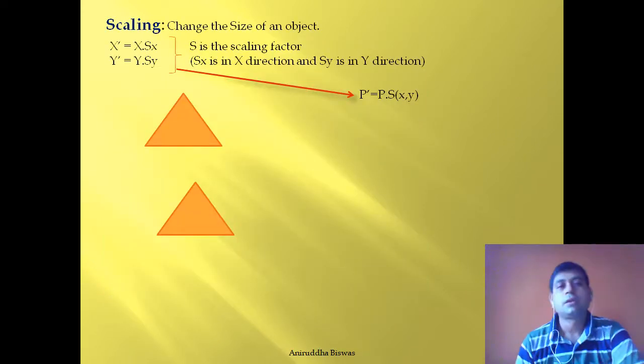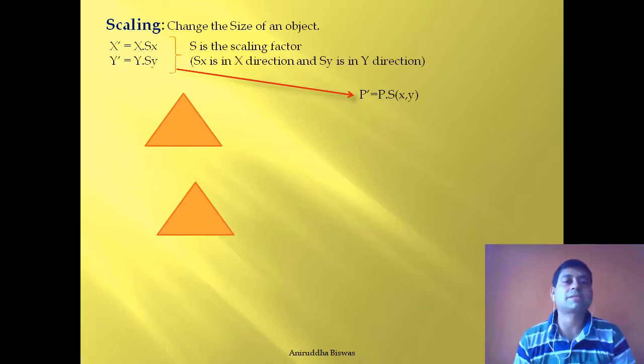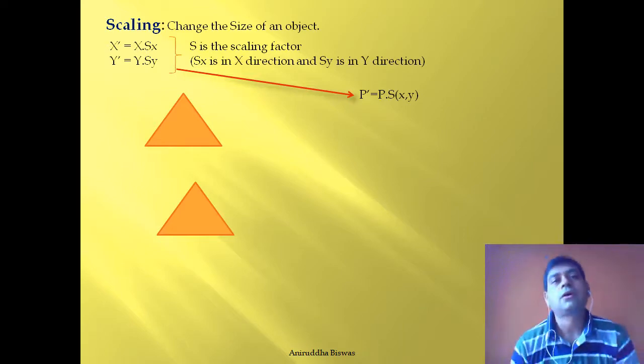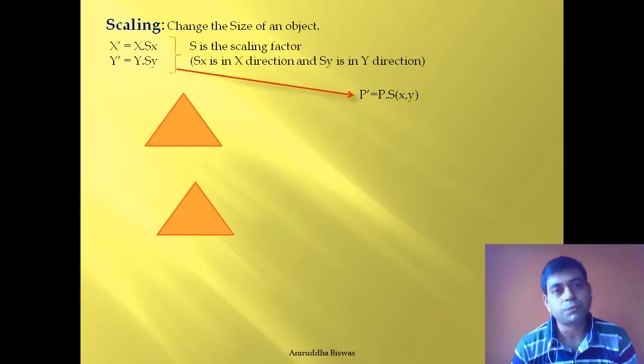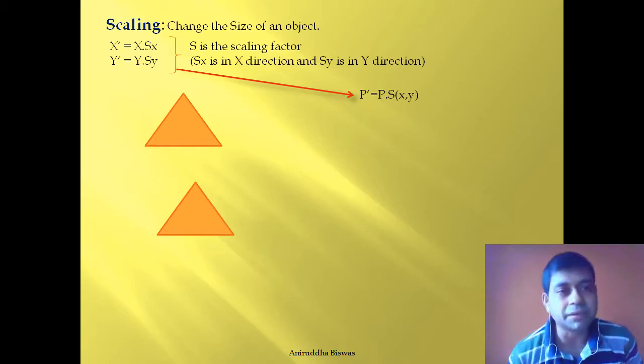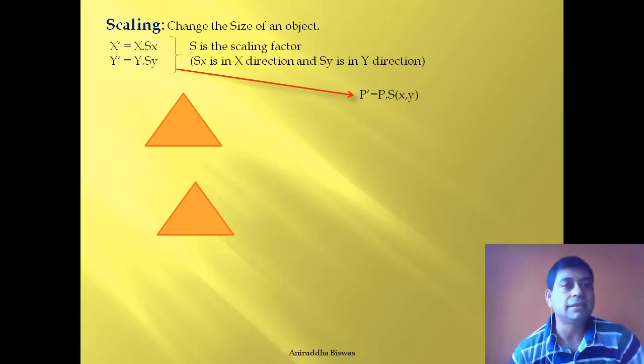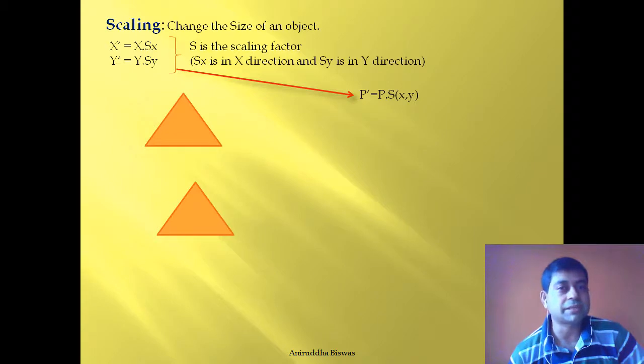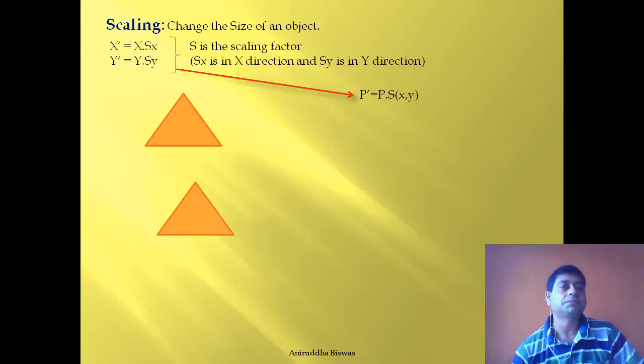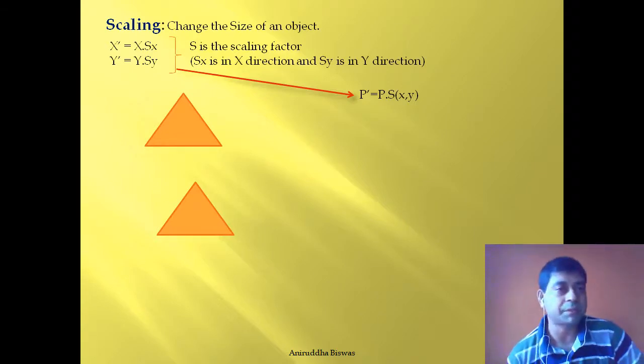Okay. Now this is some problem solving on scaling. So how easily we can represent the scaling is, and it is a change of the object that we already discussed, and Sx or Sy is the scaling factor in the x and y direction respectively.